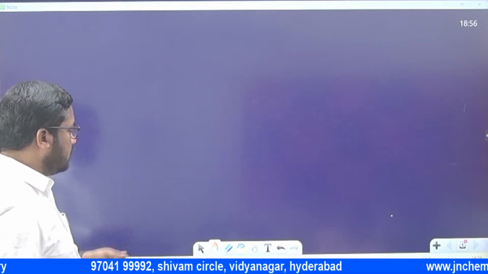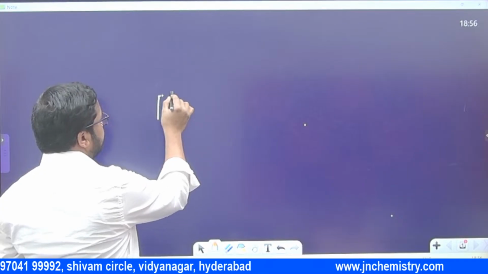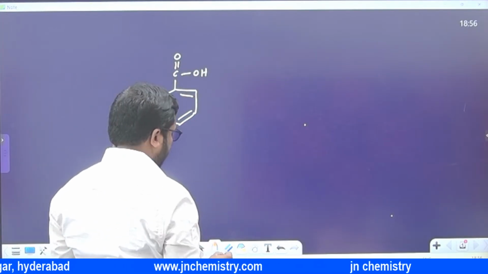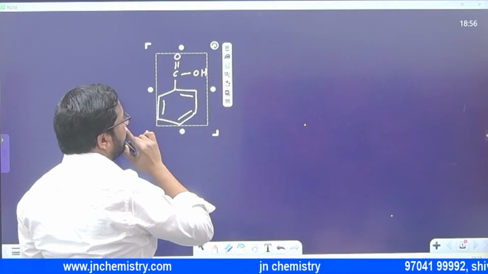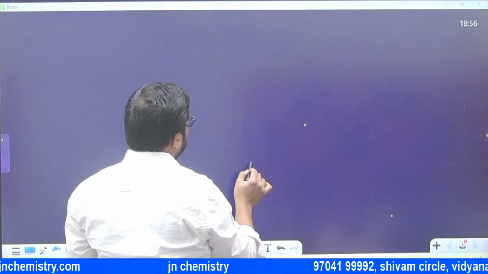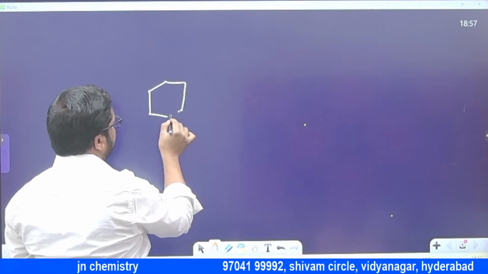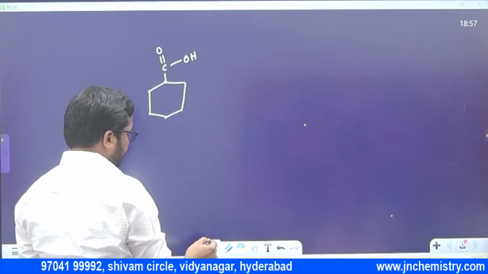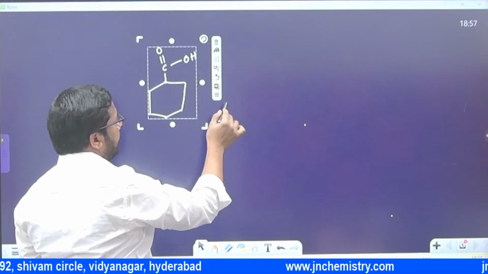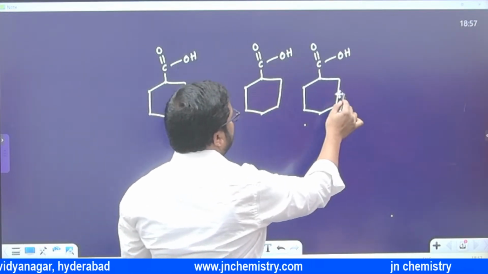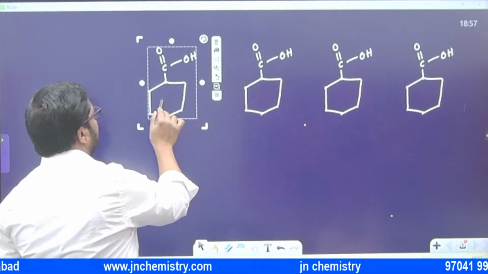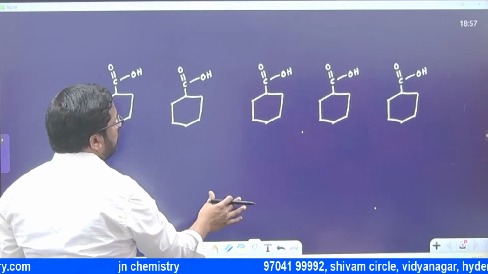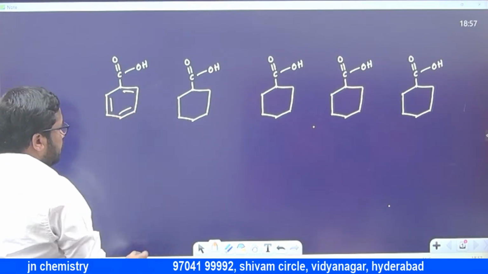Right, Nana. So ortho-para-directing groups, right? For example, if benzoic acid is there. See, this is benzoic acid.